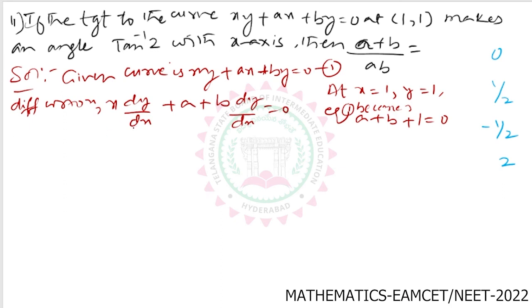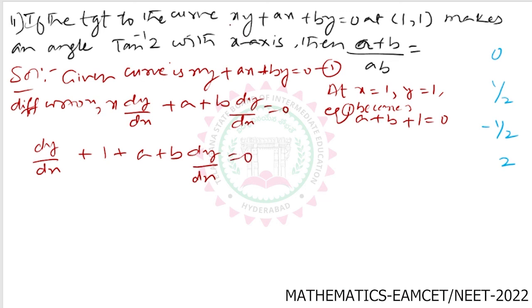x dy by dx, x is equal to 1. So dy by dx plus 1 plus a plus b into dy by dx is equal to 0, where a is equal to minus b minus 1, right?